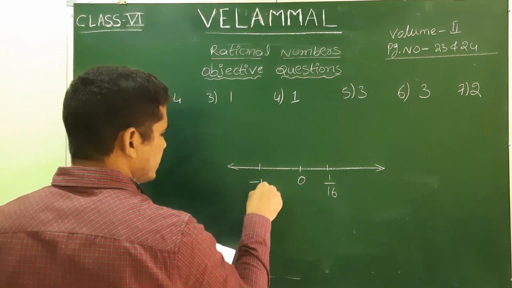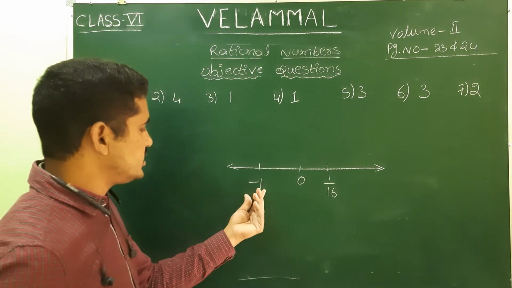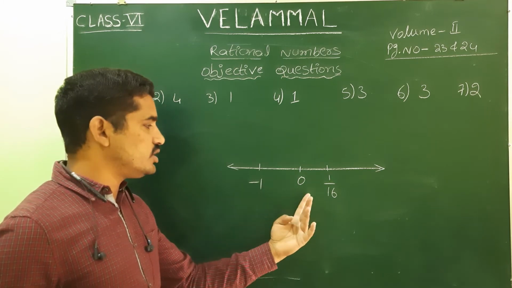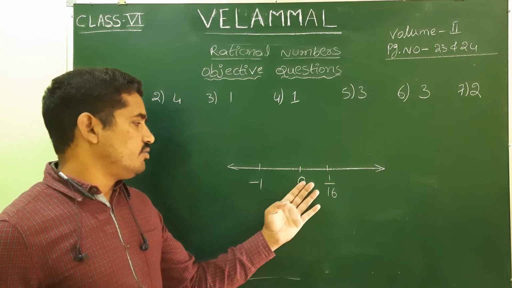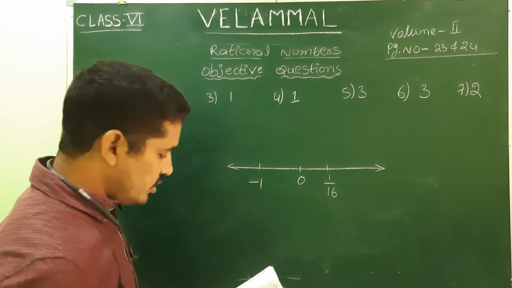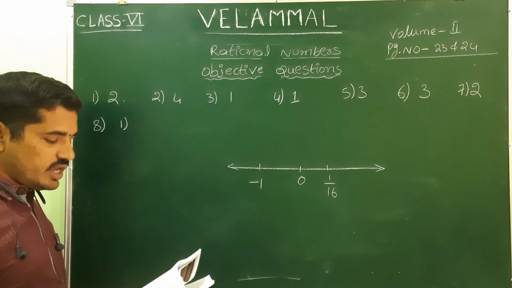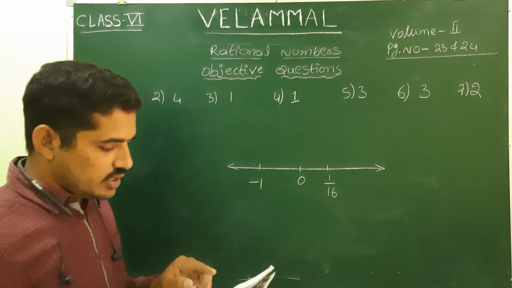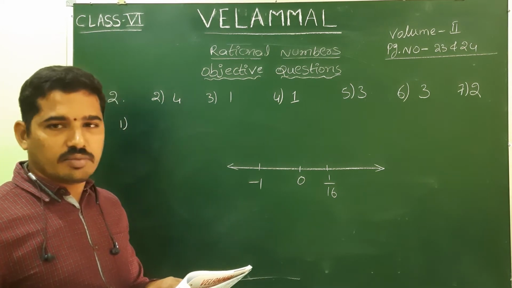Negative values will be on the left-hand side of 0 and positive values on the right-hand side of 0. Then what is being asked? Rational numbers 1 by 16 and minus 1 are on the same side of 0 on the number line.